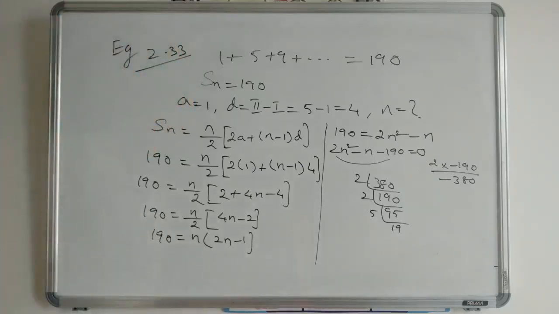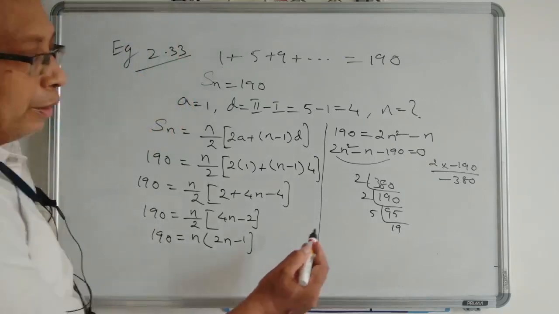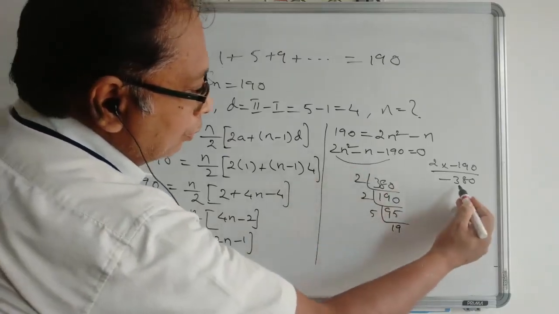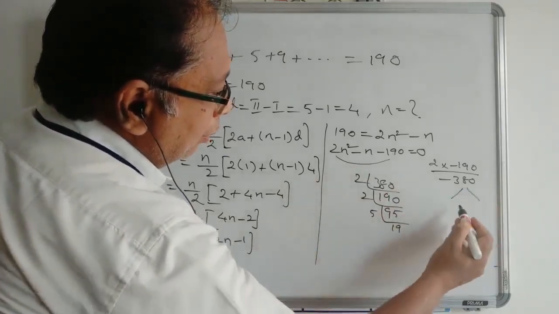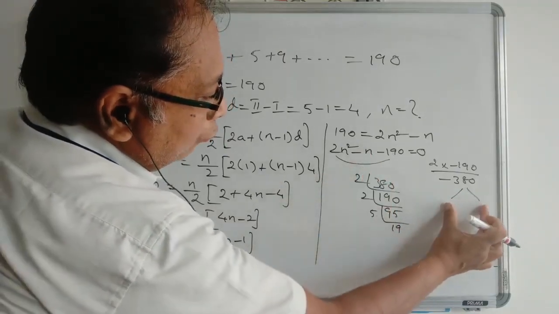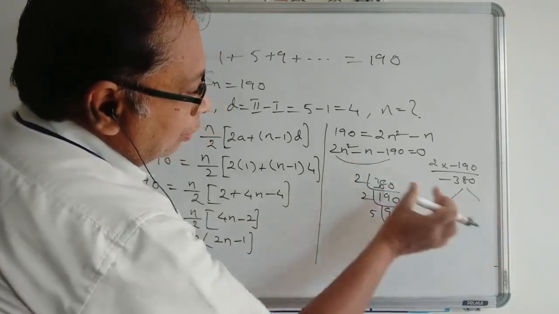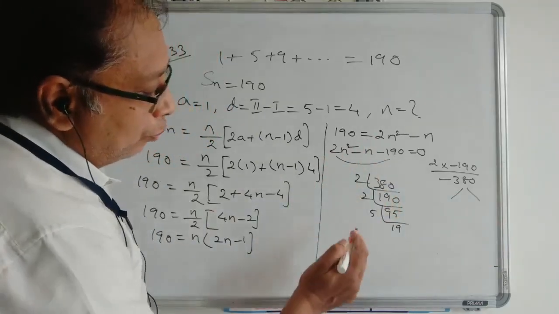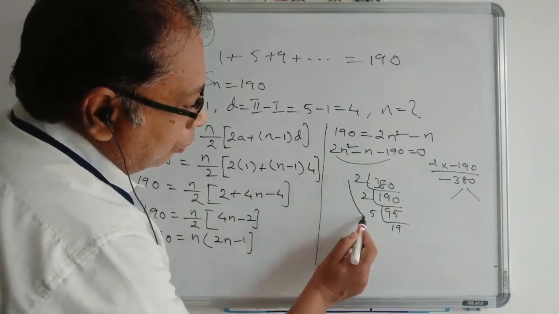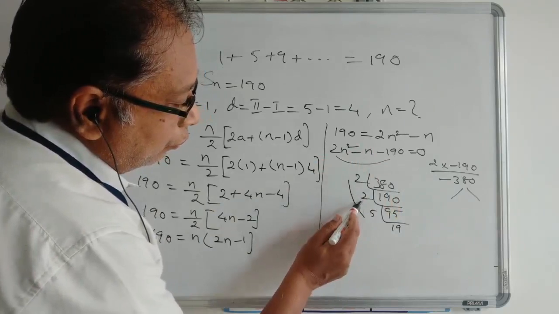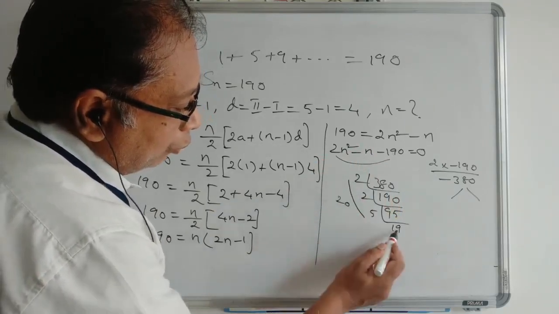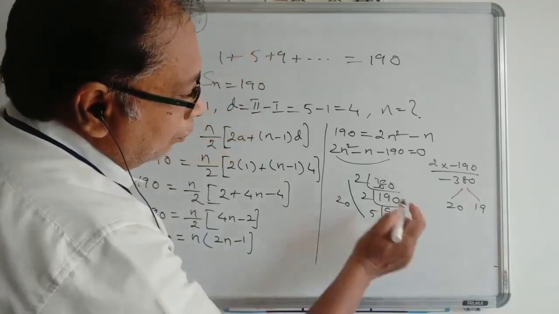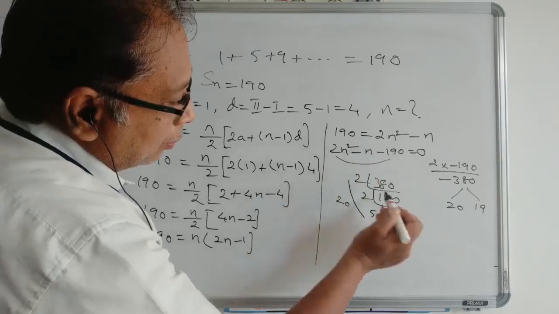Now 4 into 5 is 20. The product value is minus 380, the sum is minus 1. Therefore 4 into 5 we get 20, and 20 into 19 gives the product minus 380, the sum value minus 1.